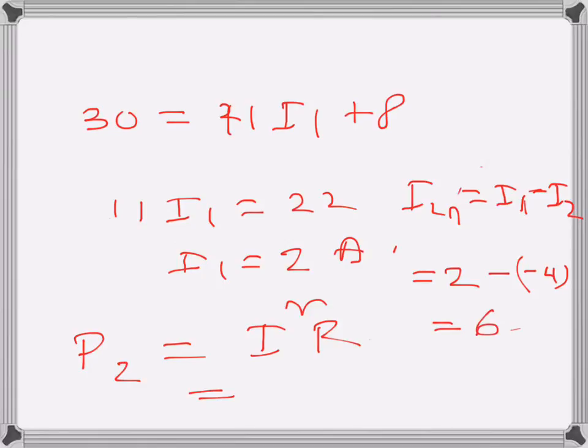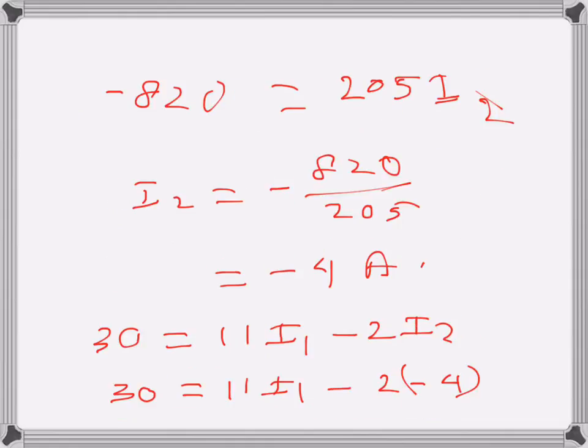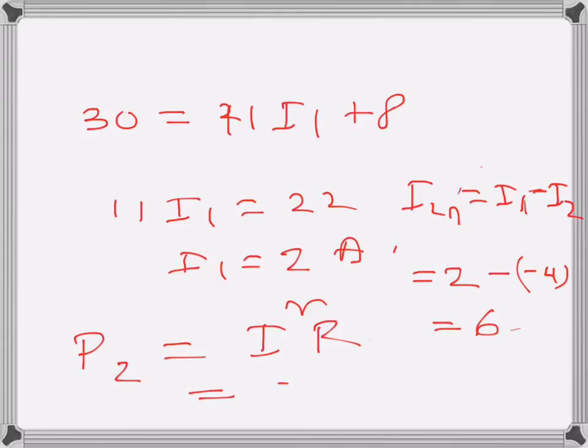So I squared R will be 6 squared times 2, which is 36 times 2, that is 72 watts. So that's the power dissipated by the resistance.